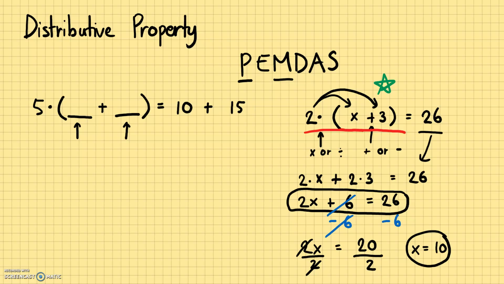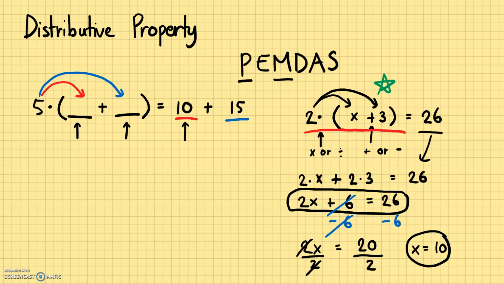Okay, so we're using the distributive property here. If you use the distributive property to get this part, you multiplied 5 times the first number. To get this part, you multiplied 5 times the second number. So what do you think the first number should be if when you multiply 5 times that first number, we got 10, right? So what do you think that number should be there?